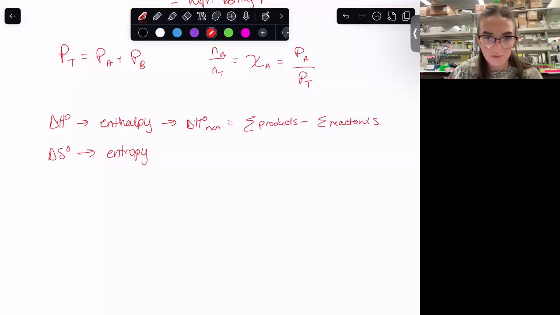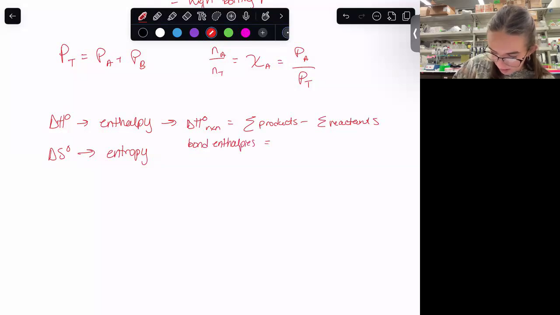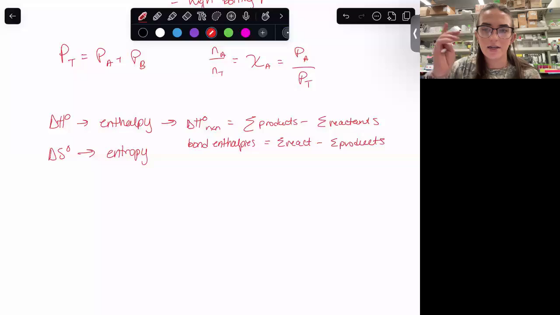Then we can also have one with bond enthalpies. This one is the sum of your reactants minus the sum of your products. We talked a little bit about that in the last review video as well.